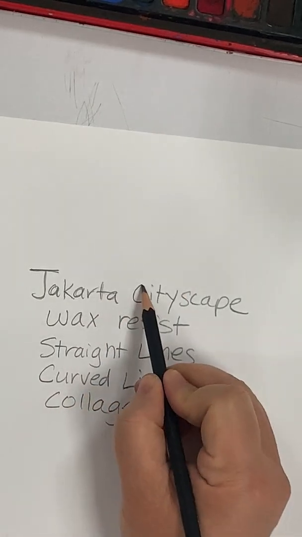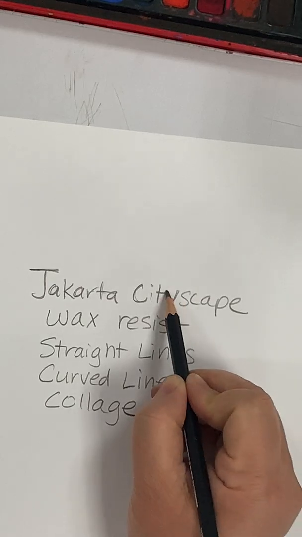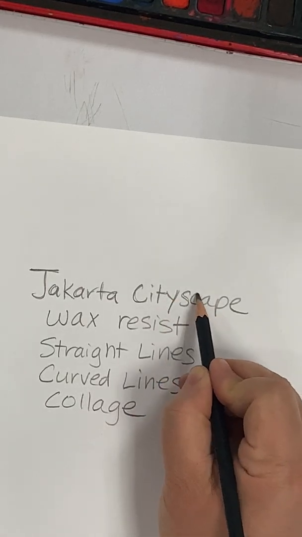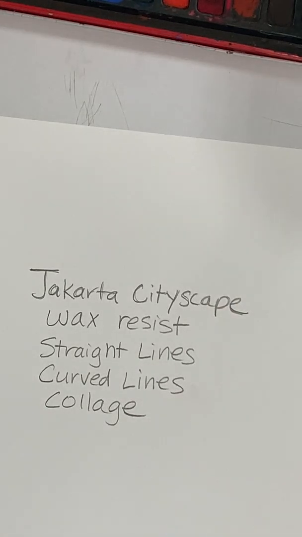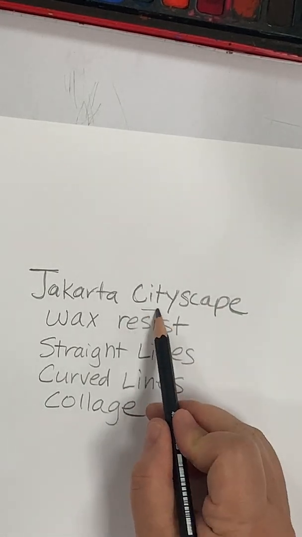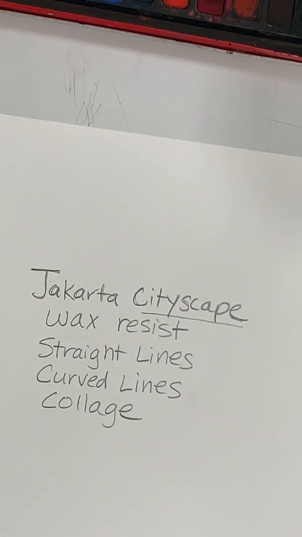A cityscape is an artwork that focuses on the city. A landscape is an artwork that focuses on the land. Today we will do a cityscape. Go ahead and write that down on the back of your paper.